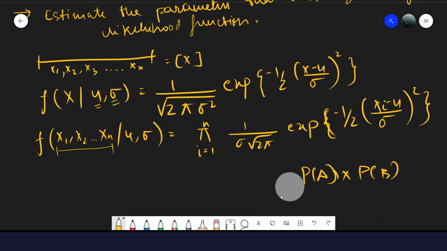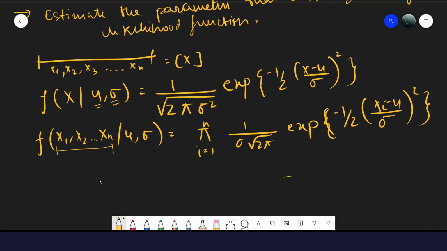And that's exactly what I've done in this formula. Assuming that the data points are conditionally independent of one another, I'm just multiplying the probability that I get from the likelihood function.